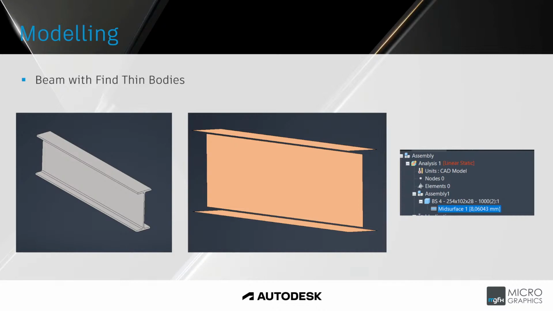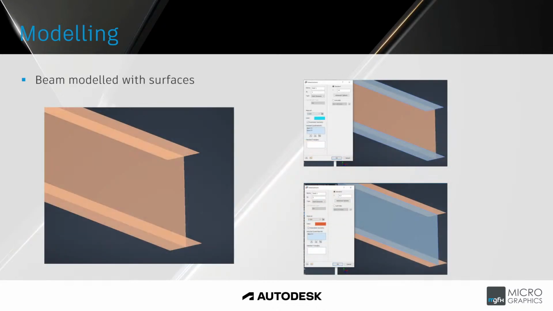Whereas if you take a look at this next example, I've modeled it up with surfaces and everything is joining. When I mesh these three surfaces, because they're touching, I've got an option to make the nodes touch each other between the different surfaces. So in this example, I don't have to put in an additional contact or two additional contacts, which would also increase the time it takes to run the analysis.